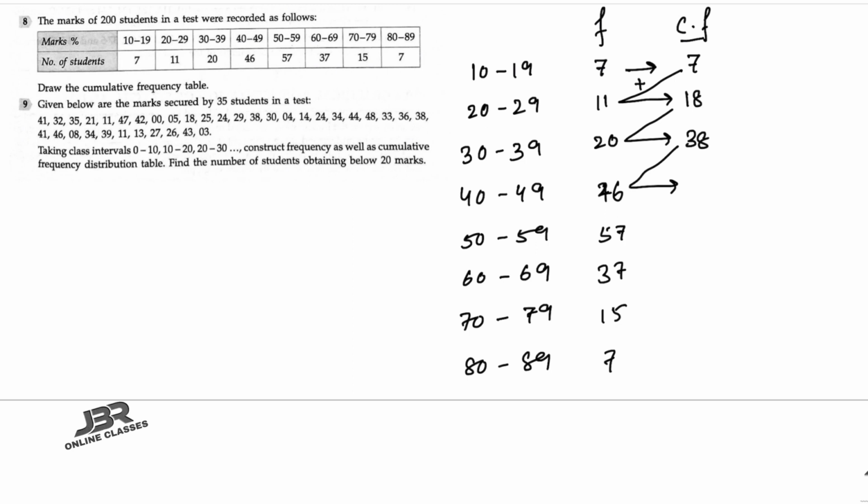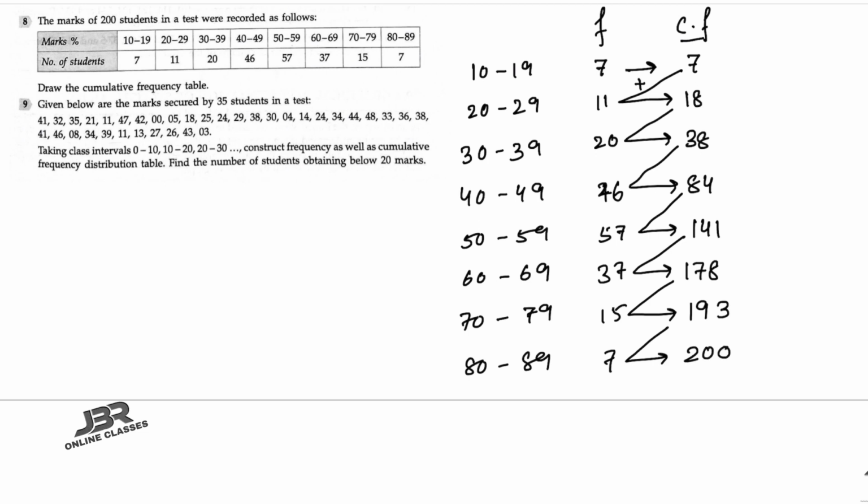Then 38 plus 46, it's 84. 84 plus 57, 141. 141 plus 37, 178. 178 plus 15, it's 193. 193 plus 7, it's 200. That is your answer. It's very easy to find out the cumulative frequency.